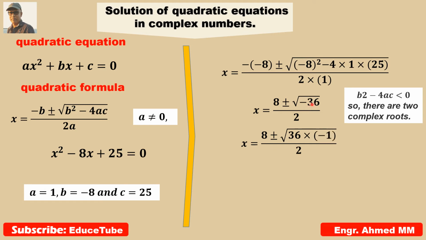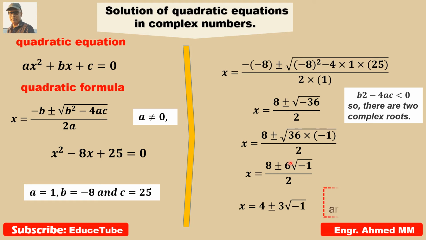So we can write this minus 36 as 36 multiplied by minus 1 to get this as j, because the square root of minus 1 is j. So 8 plus minus 6 times the square root of minus 1, divided by 2. So easily we can write 4 plus minus 3 times the square root of minus 1.